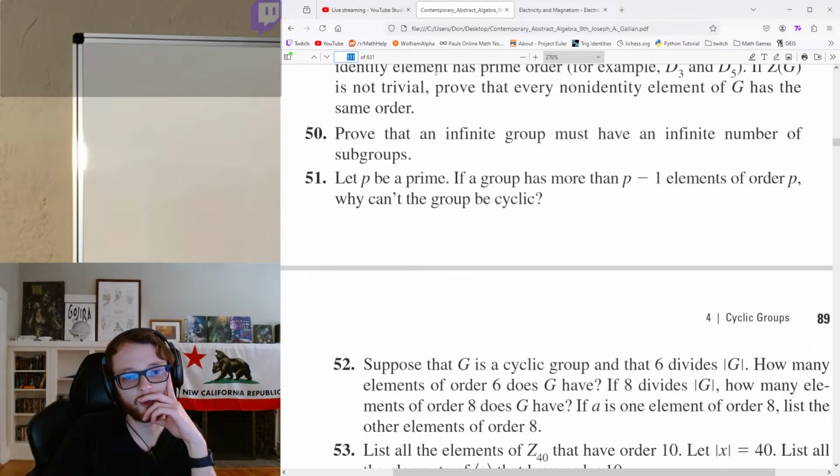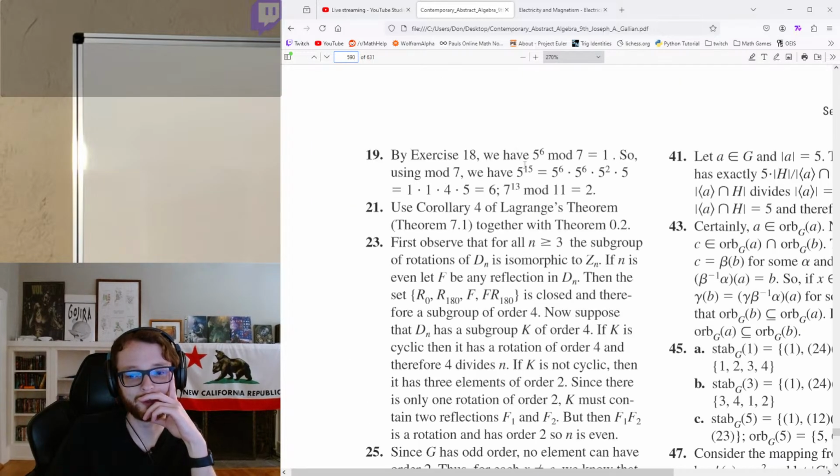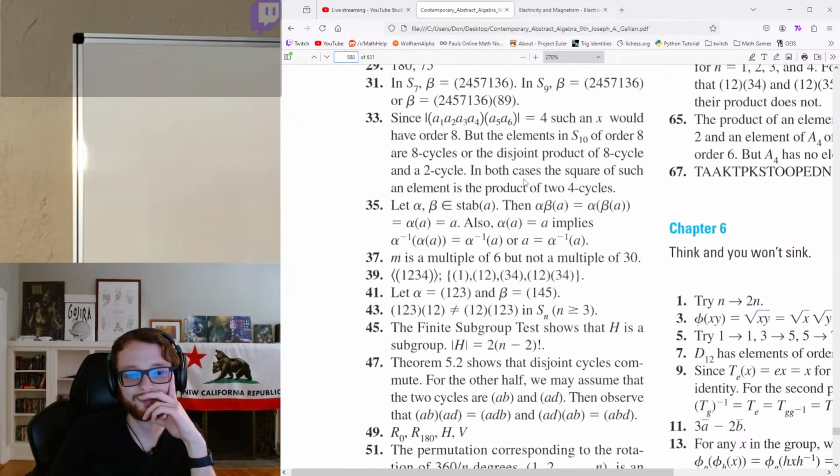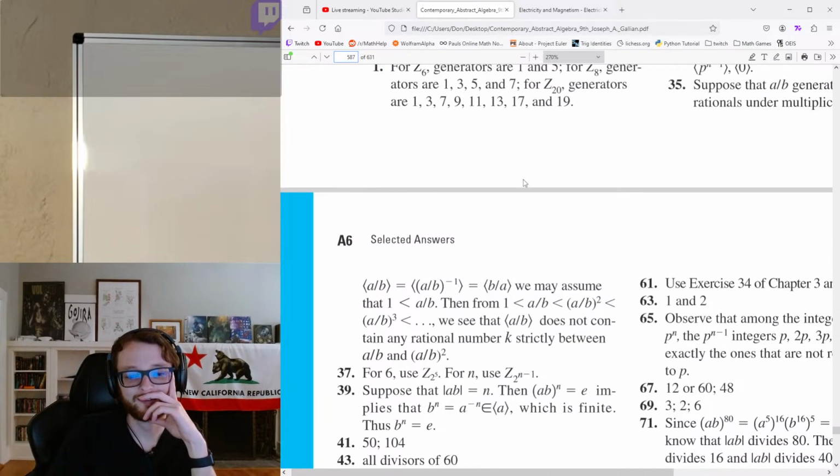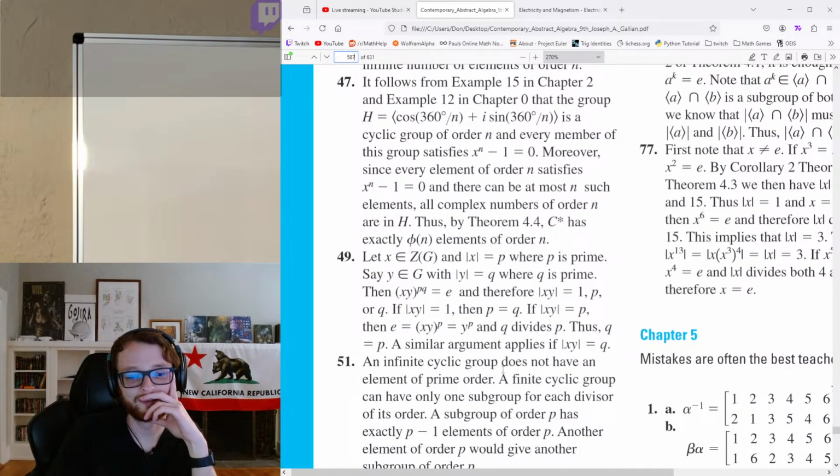I'm checking the answer, gang, so I do not feel confident at all today, I guess. I didn't consider infinite cyclic groups. Okay, but I think I basically had the idea.